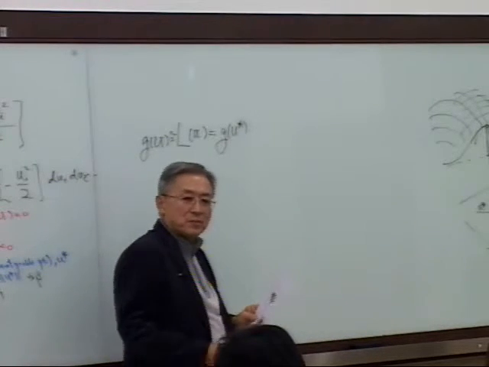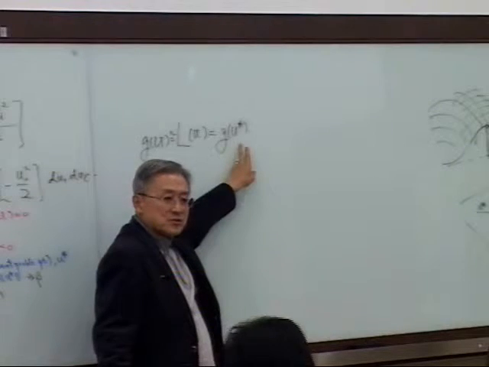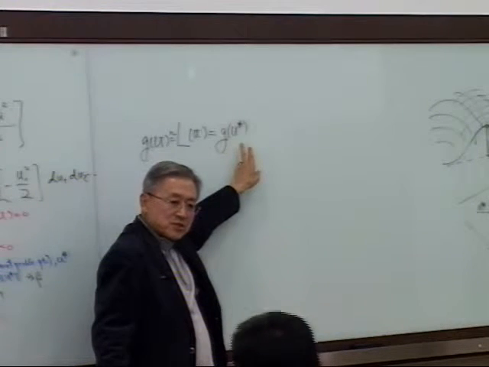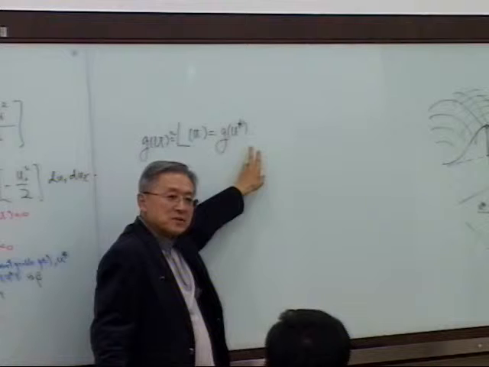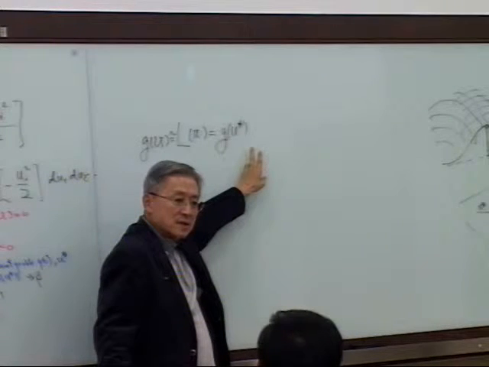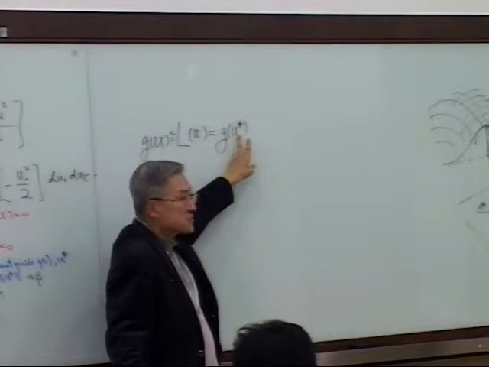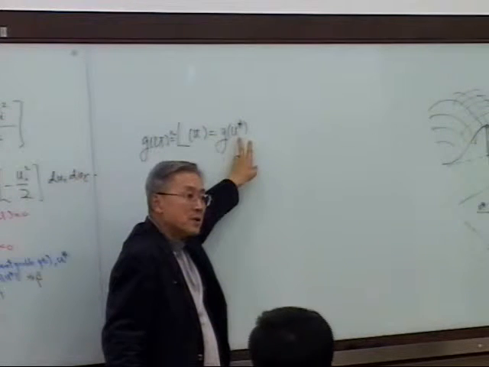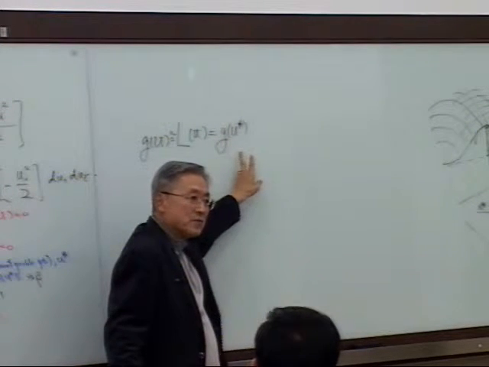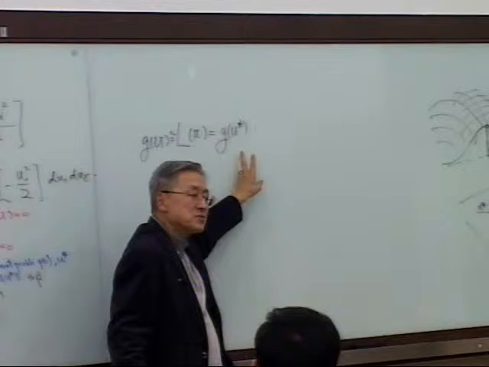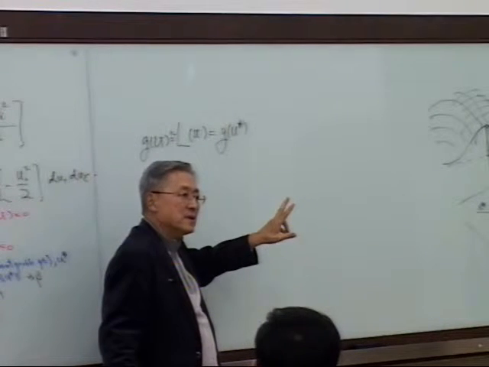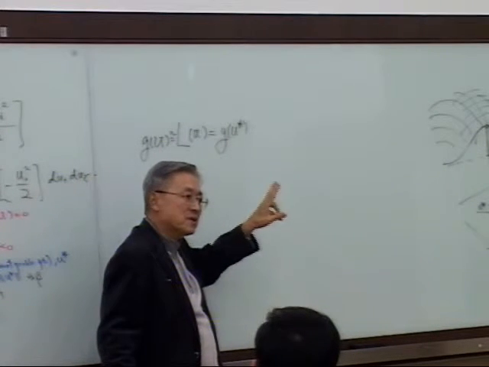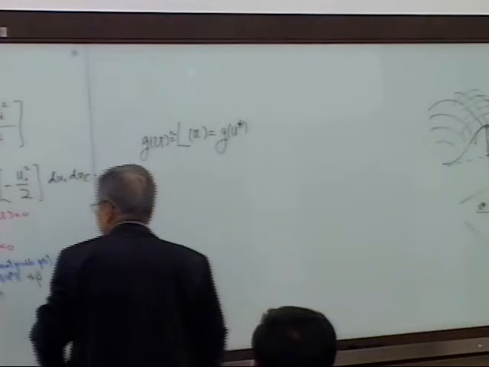Right at MPP point, this G at MPP is equal to, if U star is MPP point, then this whole thing, this G function right at that point, G at U star is equal to 0, which means it's right at point here.